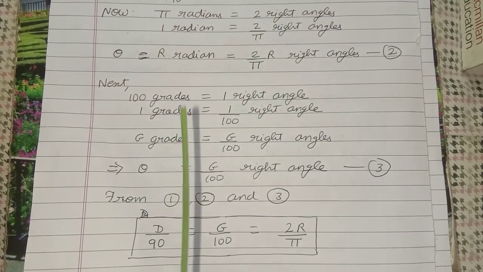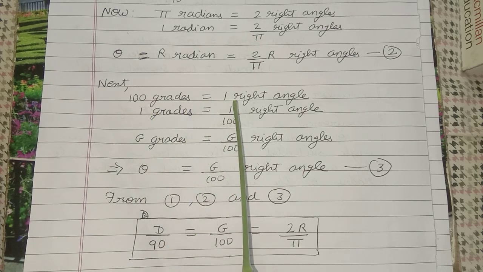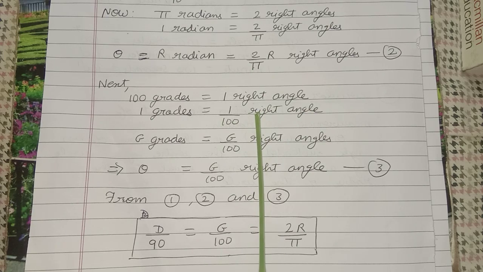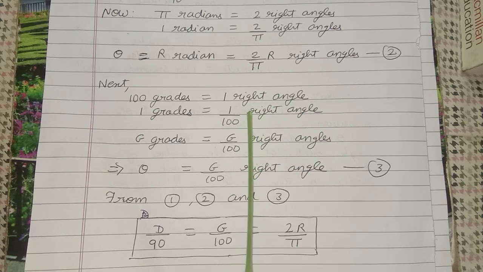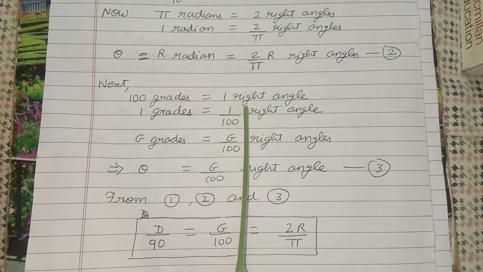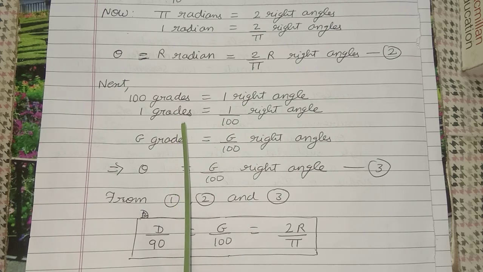Now let us derive something for grade. 100 grades is 1 right angle. Why so? A couple of minutes back we studied that 1 right angle is divided into 100 grades. So 100 grades is equal to 1 right angle. For 1 grade, divide both sides by 100.